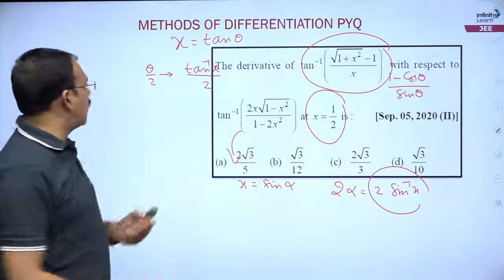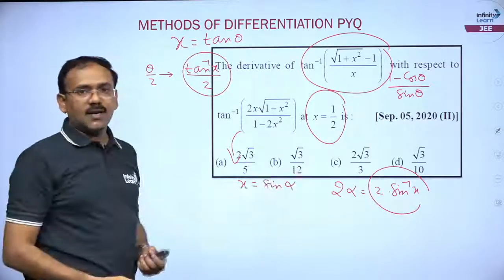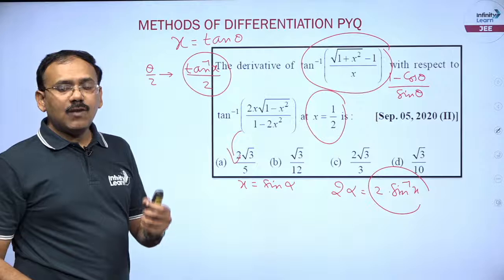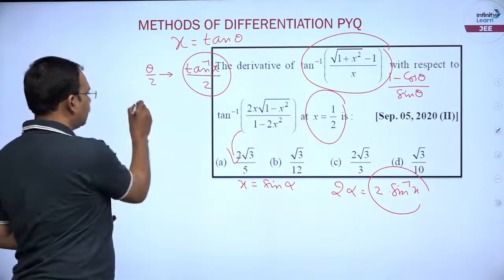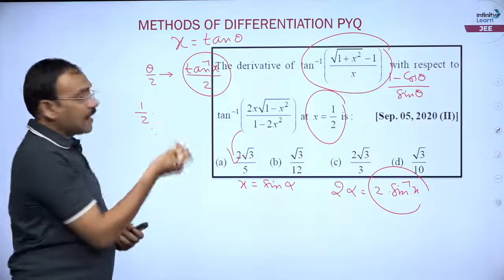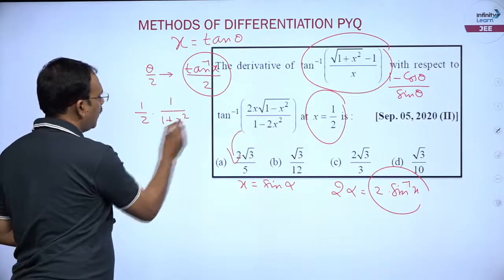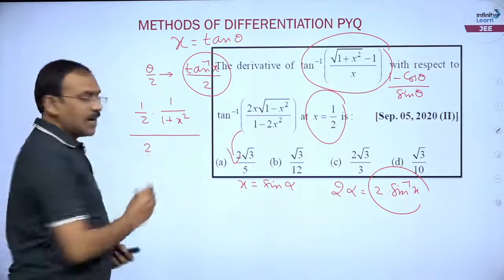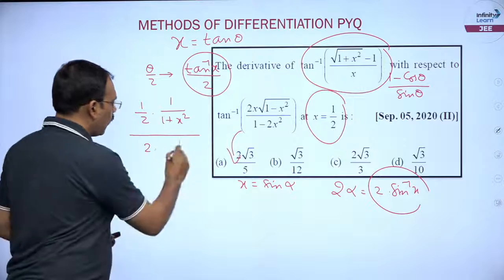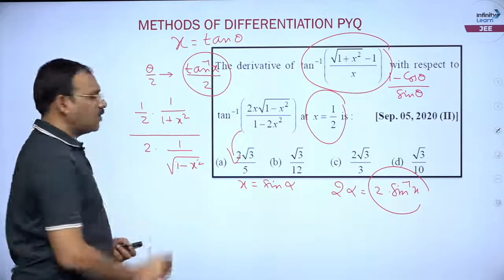Now I just want the derivative of the first expression with respect to the second. I told you, derivative of a function with respect to other means simply take the derivative of this. Half tan inverse x, derivative is 1 by 1 plus x square, divided by, with respect to this, means 2 into sin inverse x, derivative is 1 by root of 1 minus x square. This is the derivative, friends.